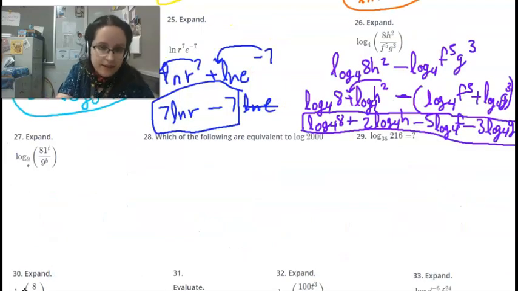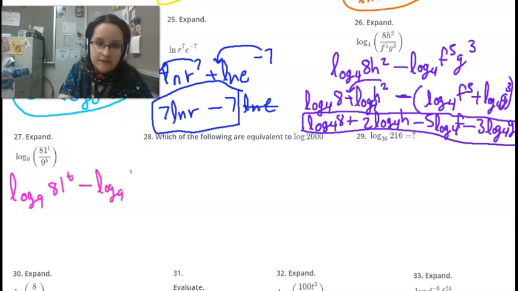Next we have expand log base 9 of 81 to the t power divided by 9 to the b power. So we're dividing these, so we're going to have log base 9 of 81 to the t minus log base 9 of 9 to the b. Okay, so we can use our power rule to move these exponents to the front.